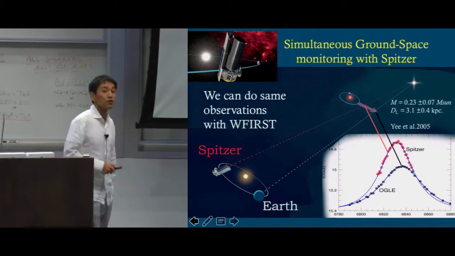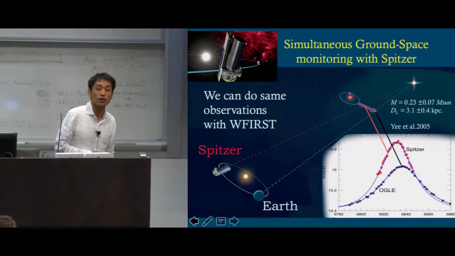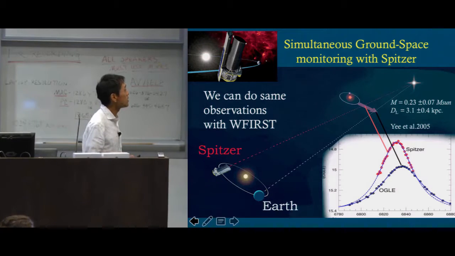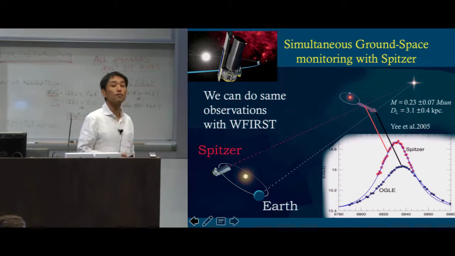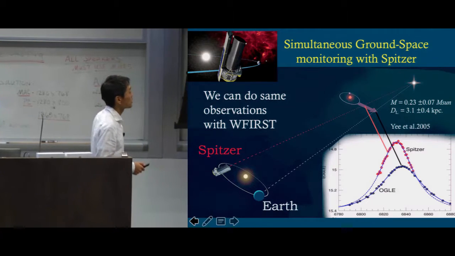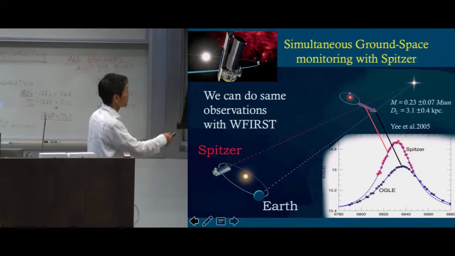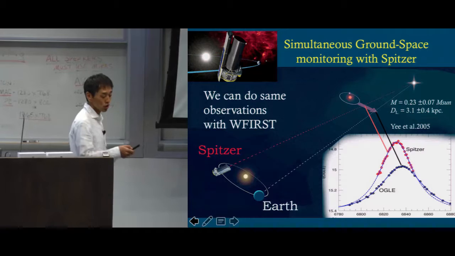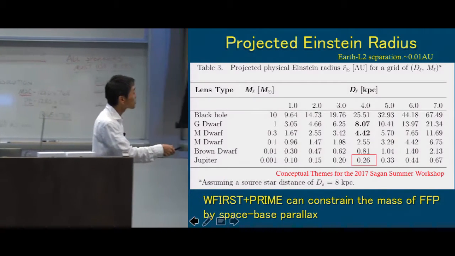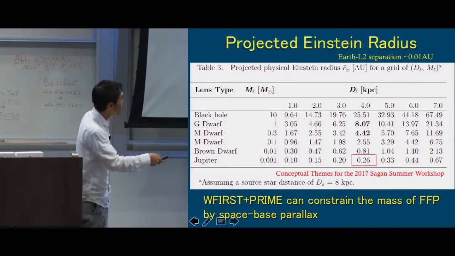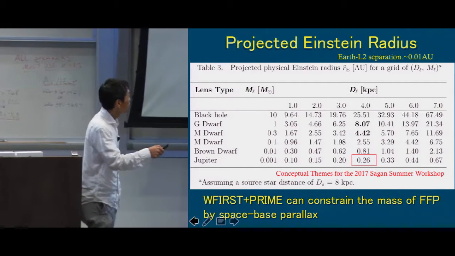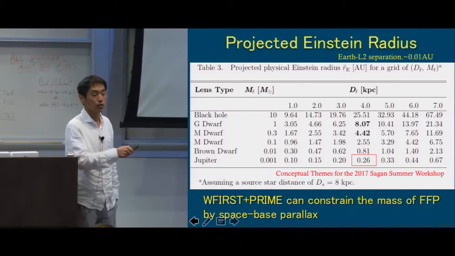And also, after launch, we're going to conduct simultaneous observations from the ground and the space. Because it's infrared, our telescope can conduct such simultaneous observation. And that is similar to the observation by Spitzer and ground. So if you go back to this conceptual figure, they predict the projected timescale distribution.